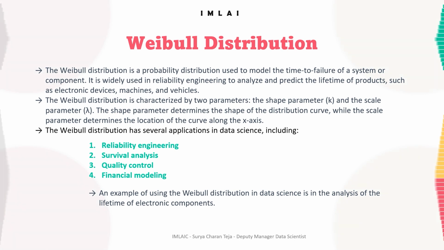The company collects data on time to failure of the components and fits a Weibull distribution to the data. By analyzing the Weibull distribution, the company can estimate the probability of failure of the component at a specific point in time and determine the optimal time for maintenance. This can help the company reduce downtime and improve the reliability of its products.